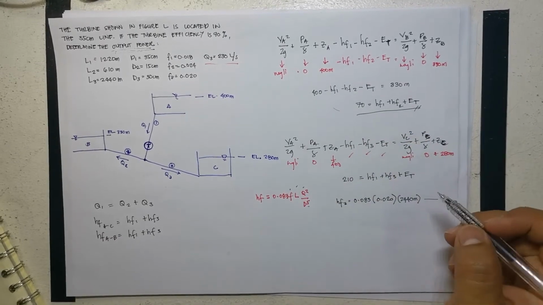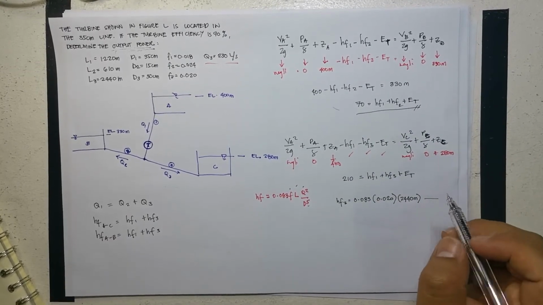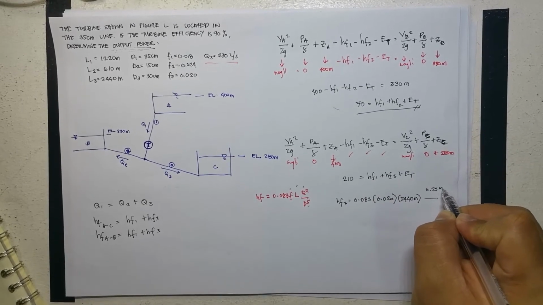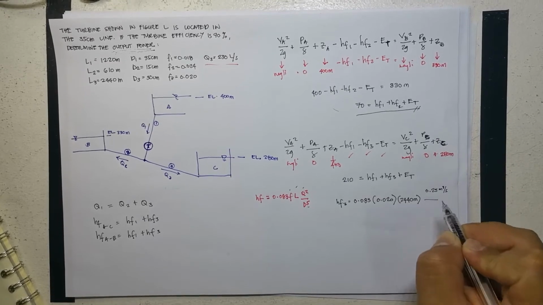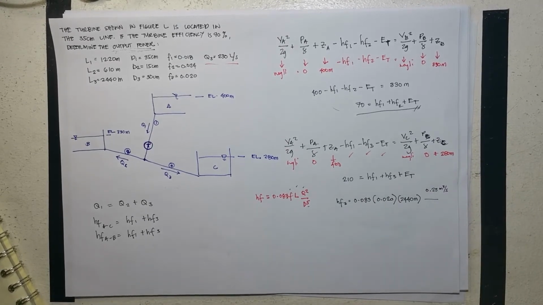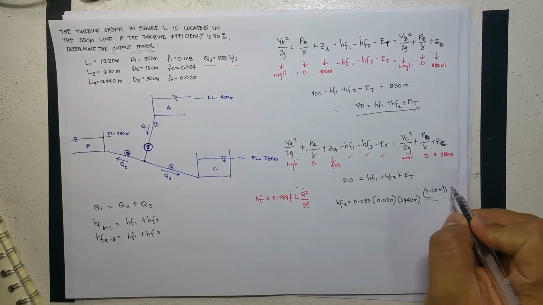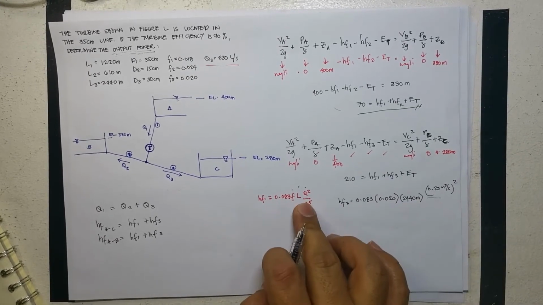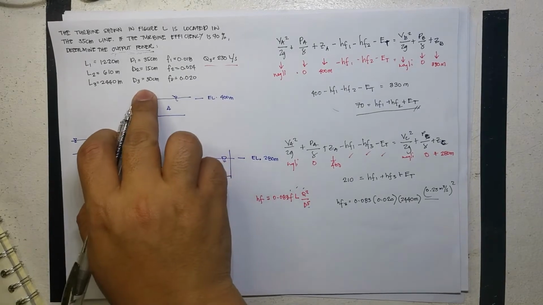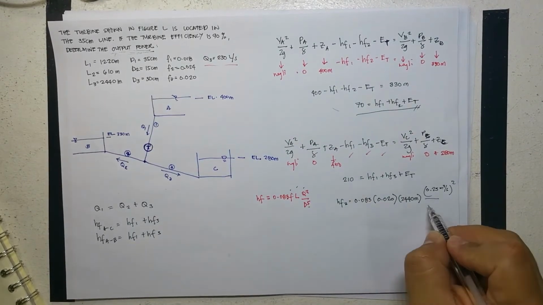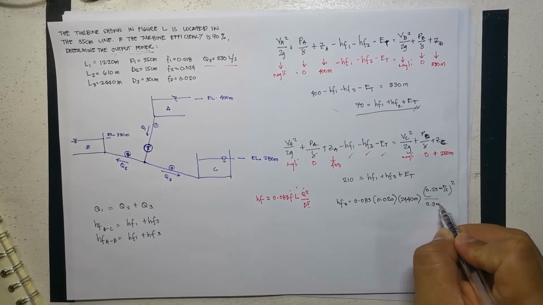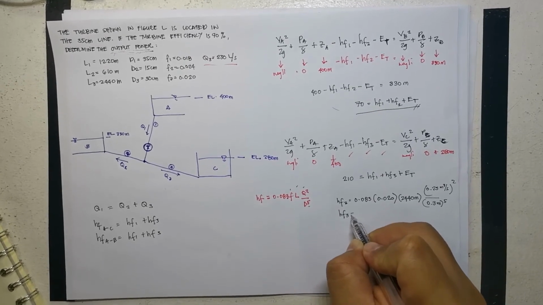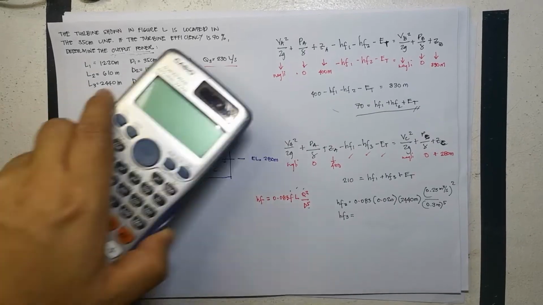So huwag kalimutan i-convert sa cubic meter per second. So that will give us 0.23 cubic meter per second. Yun na yan, Q squared. And then ang denominator niya is D raised to 5, which is 30 centimeters or 0.3 meters raised to 5.